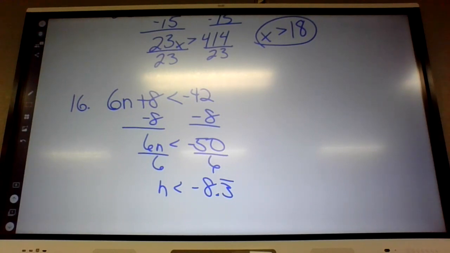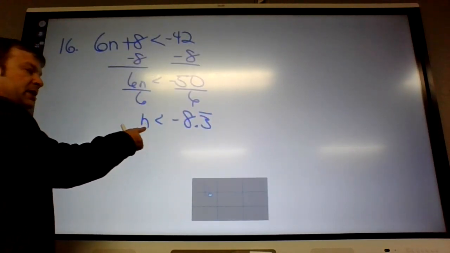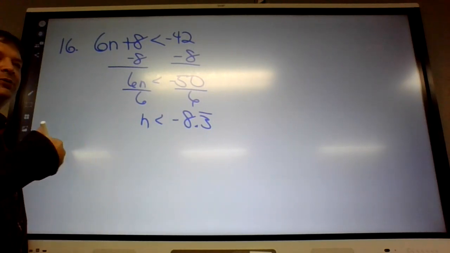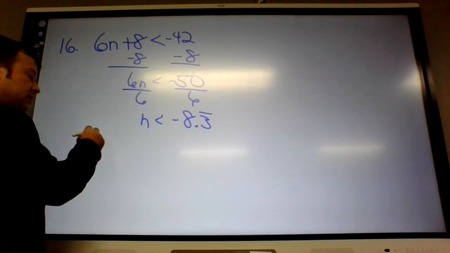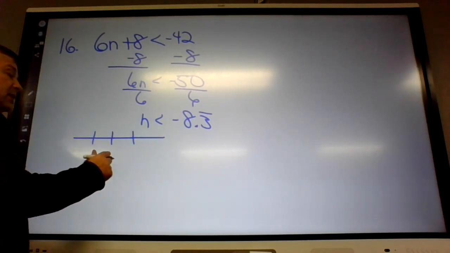Because they said n has to be an integer. And their question was, what's the largest integer that n could be? What's the largest number that's an integer, that's less than -8.3? What integer is right below -8.3?